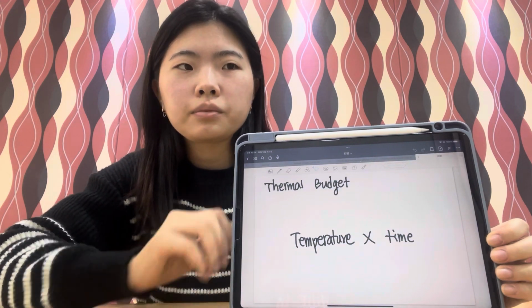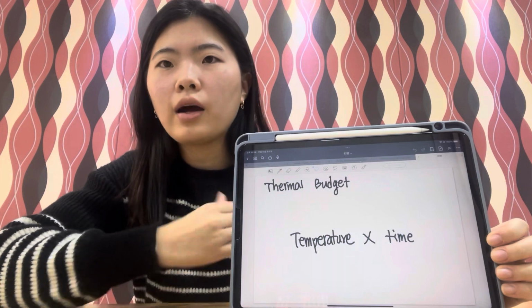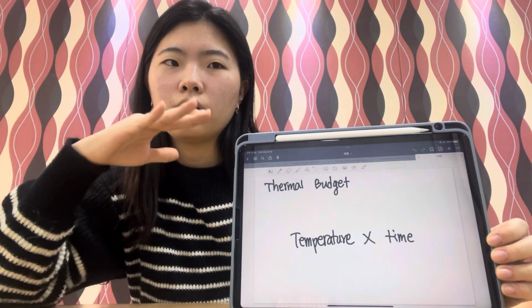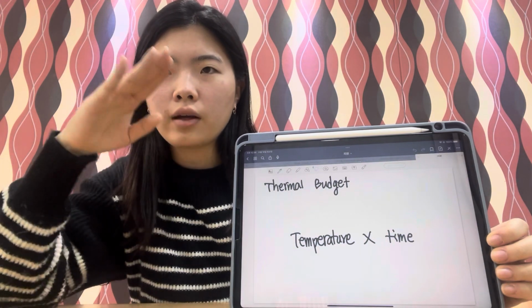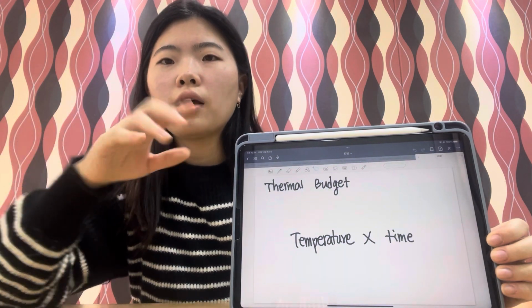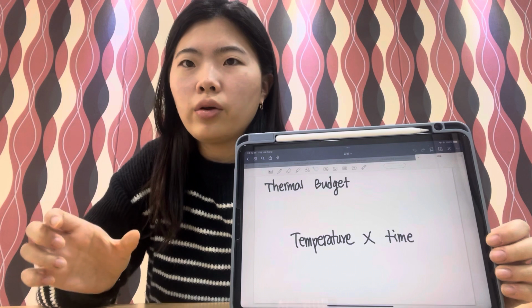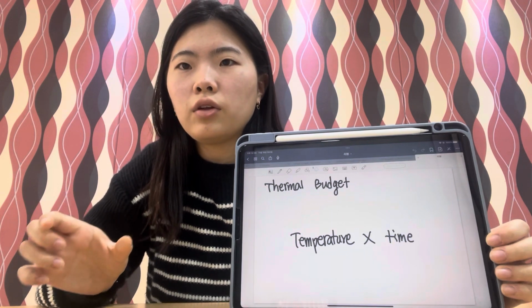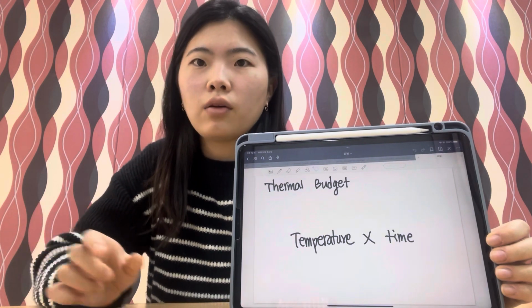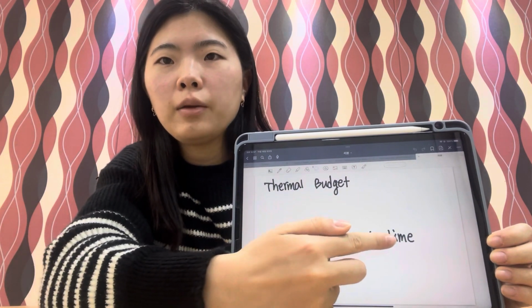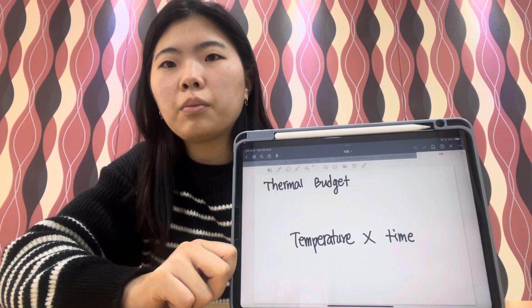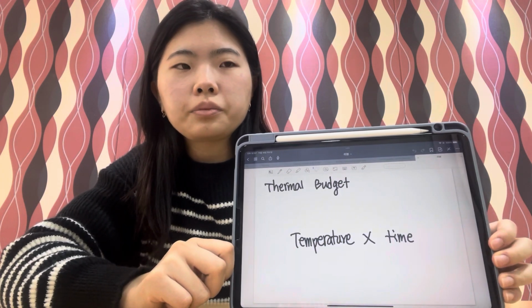Before, I said that when we put some heat to the material, it works continuously. The width of that continuous graph also means thermal budget. So temperature multiplied by time means thermal budget.